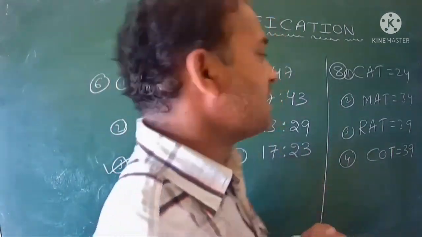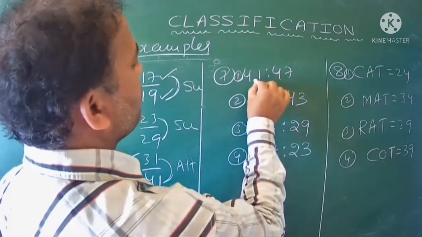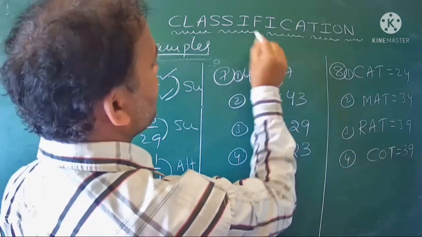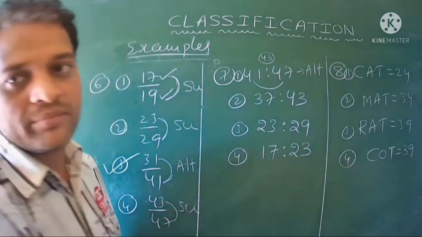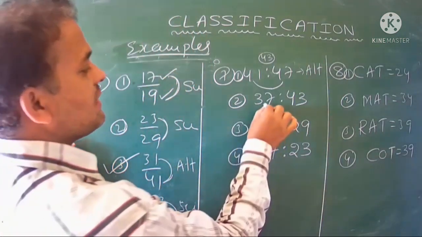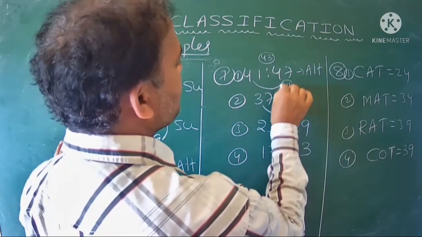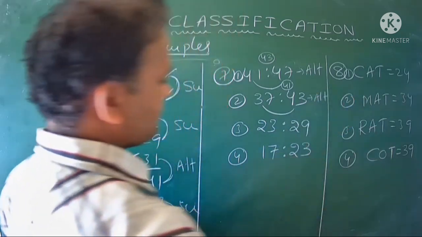Similarly, if the ratio is given as 41 and 47, in between, which prime number is missing? 43. So that's why these are called alternate prime numbers. Similarly 37 and 39 means here 41 is missing, so these are also called alternate prime numbers.